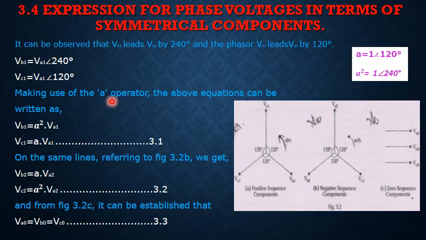So shall we represent these two equations with the help of the a operator? As we already studied the a operator in our previous session, a is equal to 1 at an angle of 120 degrees, having a magnitude of 1 and an angle of 120 degrees, and a square is equal to 1 at an angle of 240 degrees.